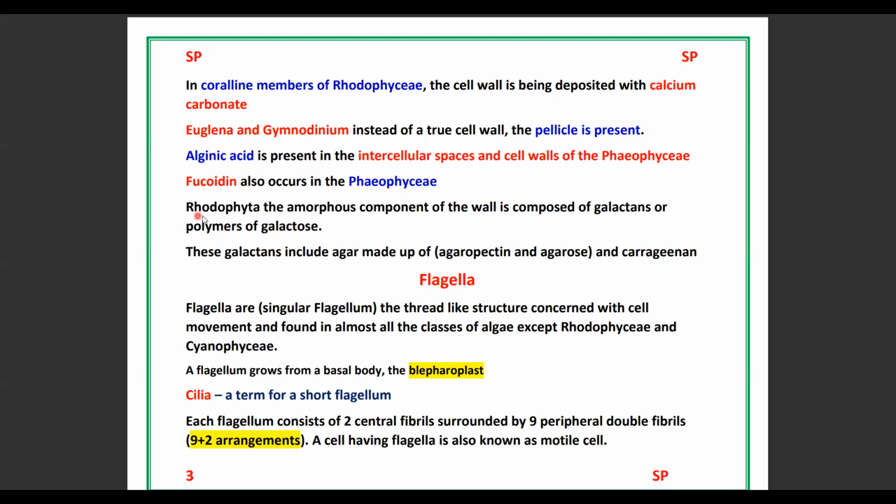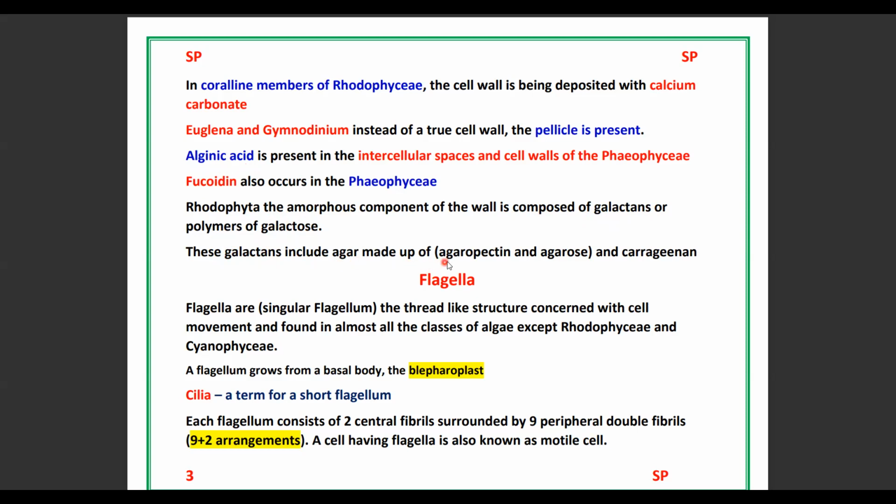In Rhodophyta, the amorphous component of the cell wall is composed of galactans or polymers of galactose. In the Rhodophyta, the cell wall contains galactans or polymers of galactose. These galactans include agar.